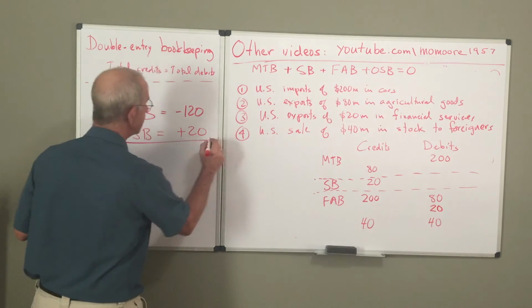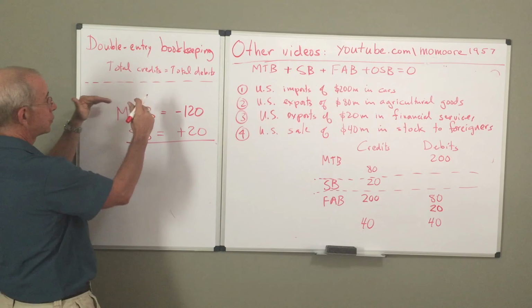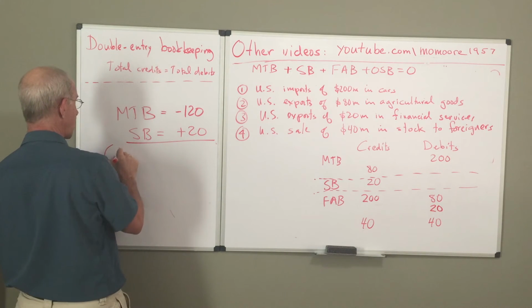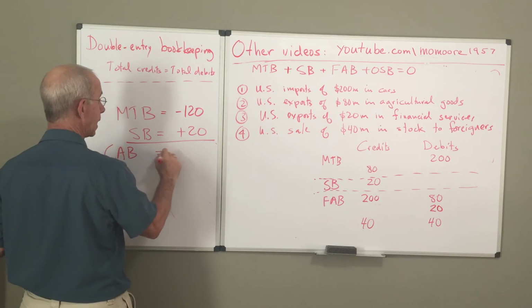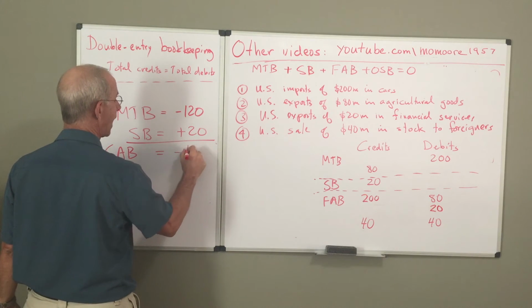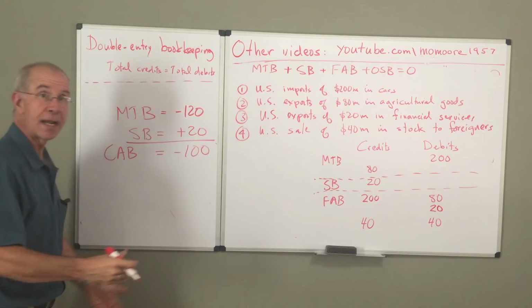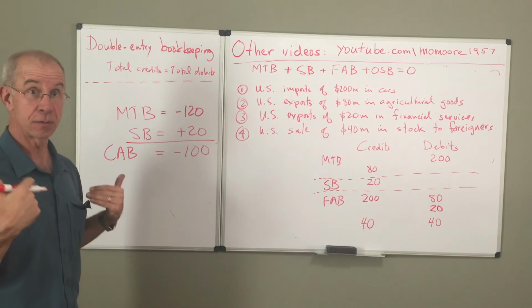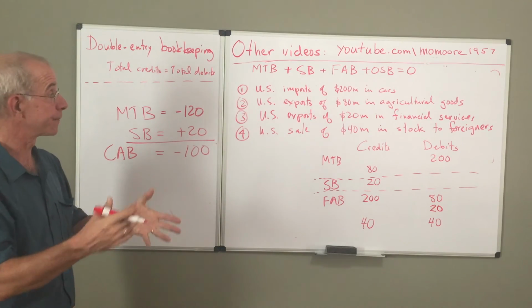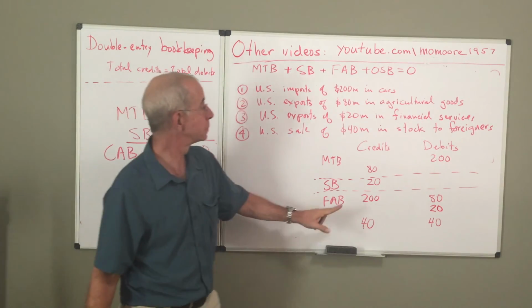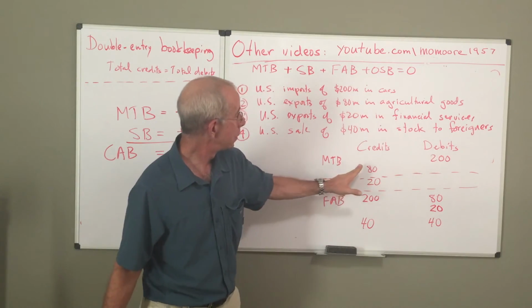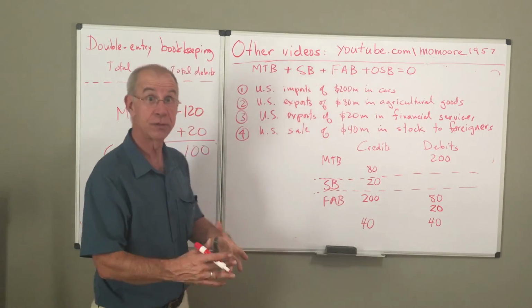The sum of these two is the current account balance. What we have here is that we're importing $100 million worth of goods and services more than we're exporting.